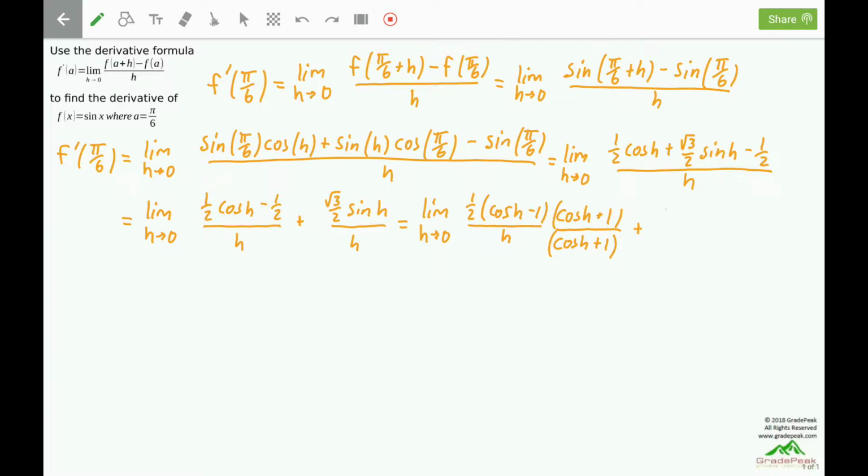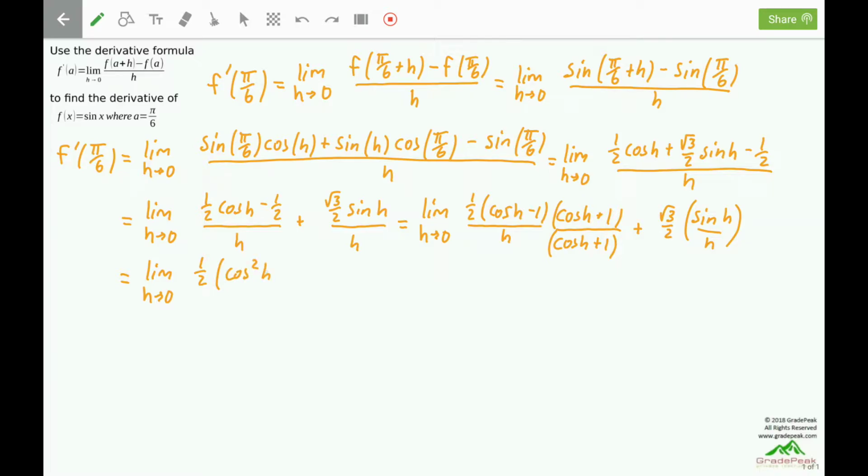We have this other term, which is going to be root 3 over 2 times the sine of h over h, which is perfect for the identity, so I'm not going to do anything else with that right now. So we have limit as h goes to 0 of 1/2 times, expanding by FOILing the trig conjugates.